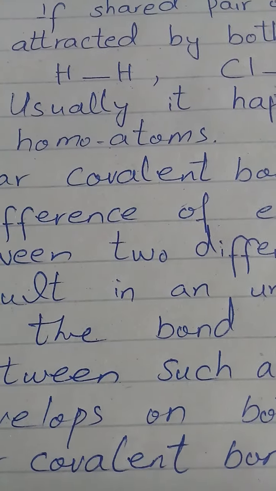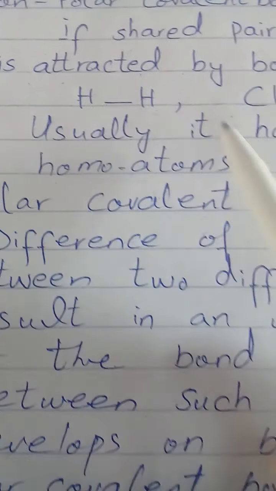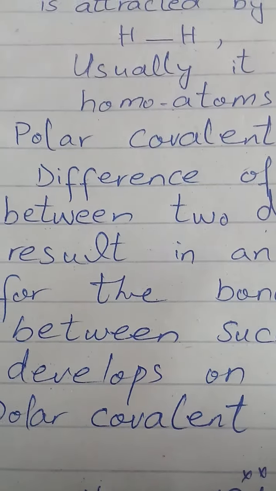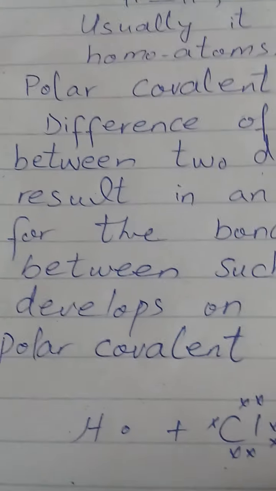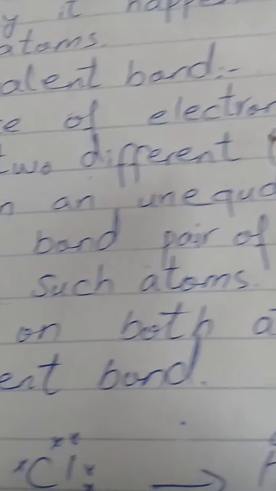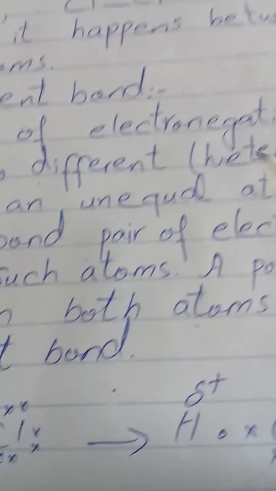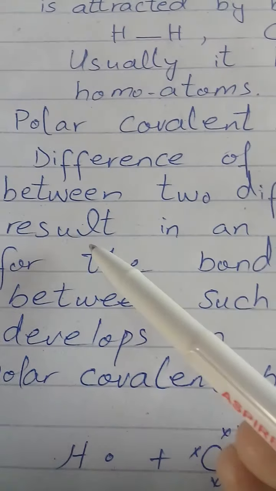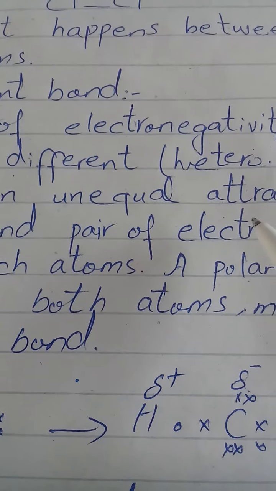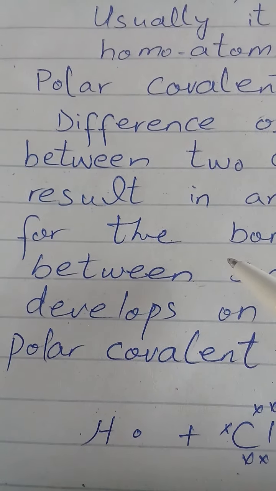Covalent bond, as I have told you earlier, may be formed between two same atoms, homoatoms, or two different atoms. If a covalent bond is formed between two different atoms such as hydrogen and chlorine, there is a chance that due to difference of electron activity between two different atoms or heteroatoms, they will attract the bond pair of electrons unequally.